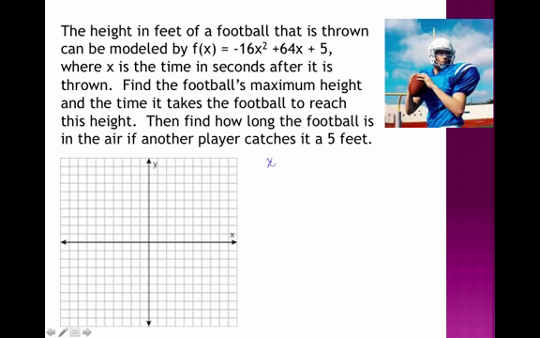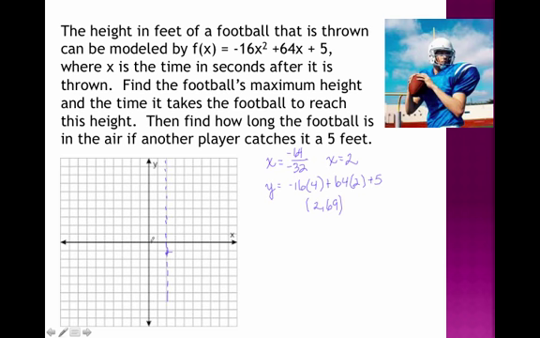My axis of symmetry is at -b over 2a, so my axis of symmetry is at 2. My vertex is going to be where x equals 2, or 69. So I know I've got an axis of symmetry here at 2.